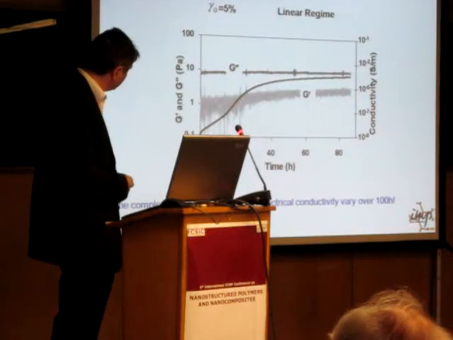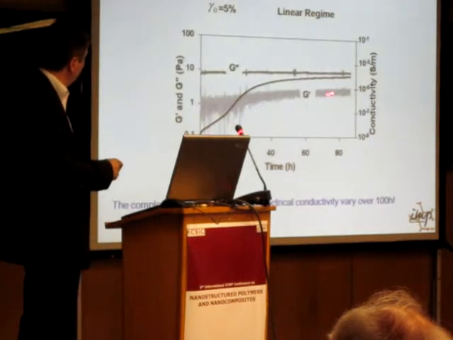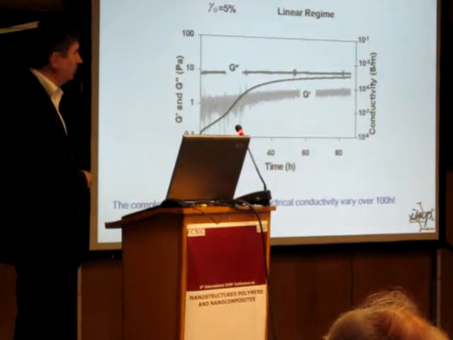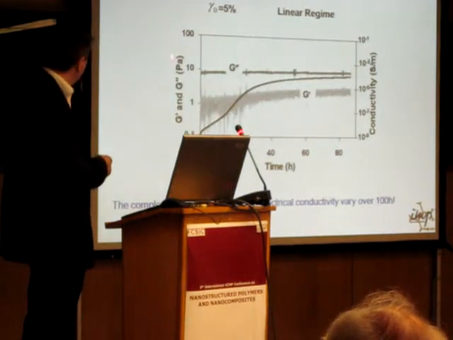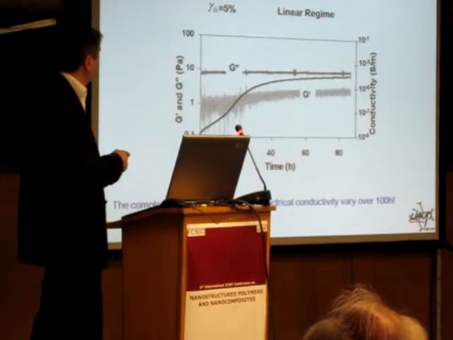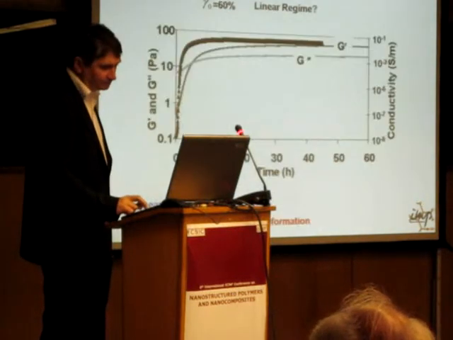We have 3 or 4 decades of variation of the conductivity. And you can see the time scale. Here the time scale is about 100 hours. This deformation, this is important, is 5%. And I can admit that at this deformation, I am in the linear regime.